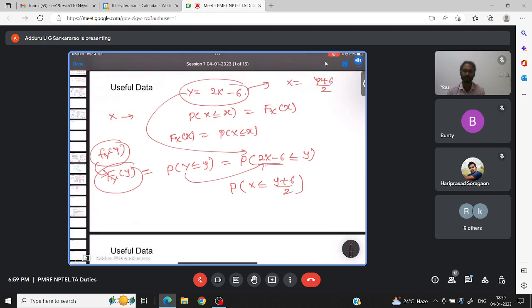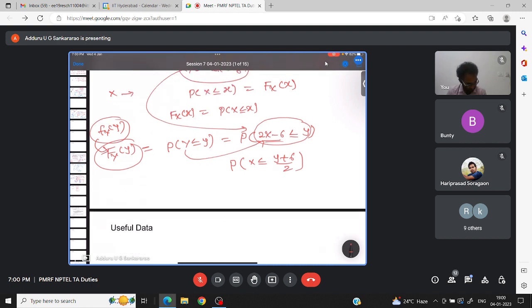Now whatever is inside, can I write it like this? You take 6 to the other side and 2 to the other side: x less than or equal to this quantity. That is nothing but the CDF of x at (y plus 6) by 2. Do you agree?